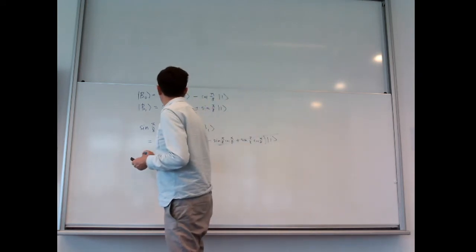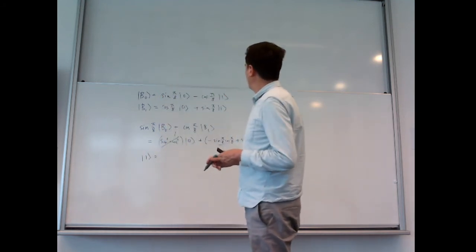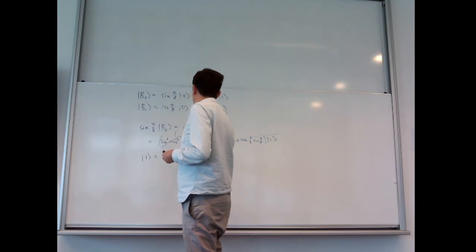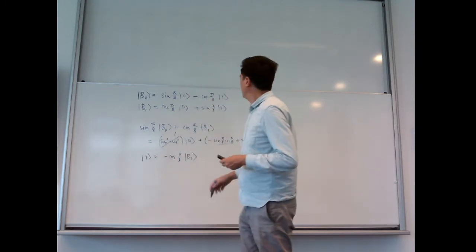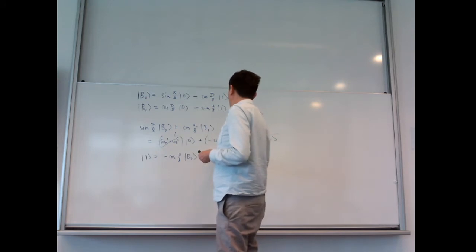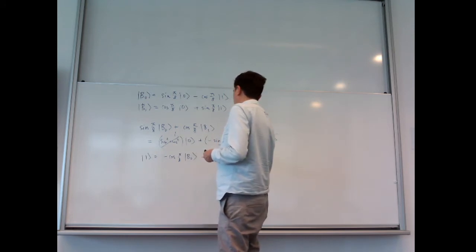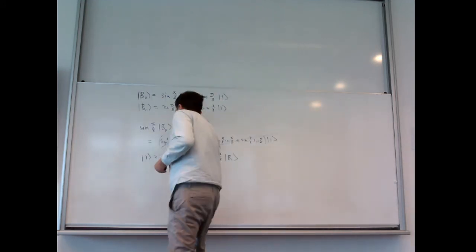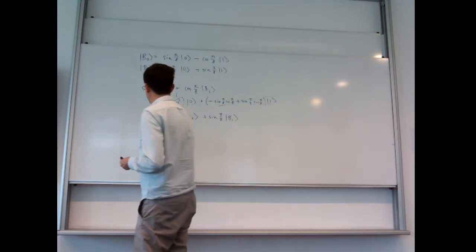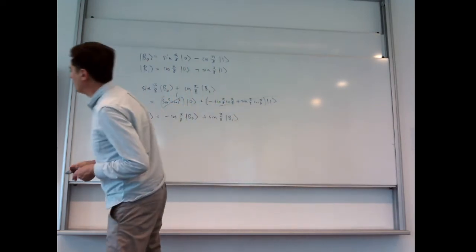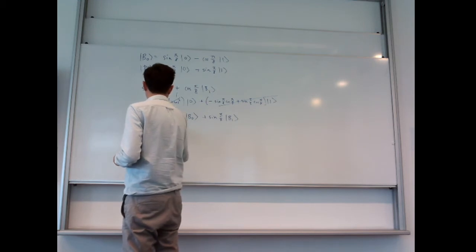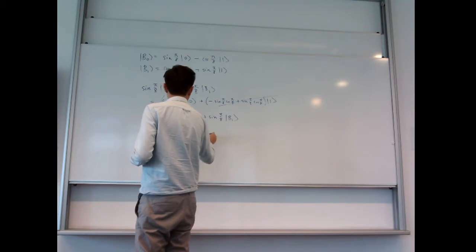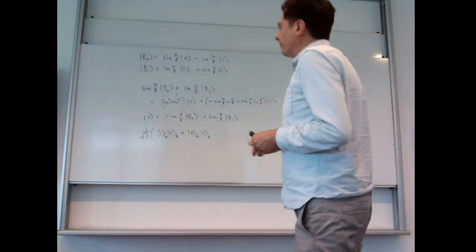And so similarly, it's going to be cosine pi over 8 B0 minus sine pi over 8 B1 for the 1 state. And we're supposed to be substituting this into the state, 1, 0, 1, 0, this is Alice, this is Bob.